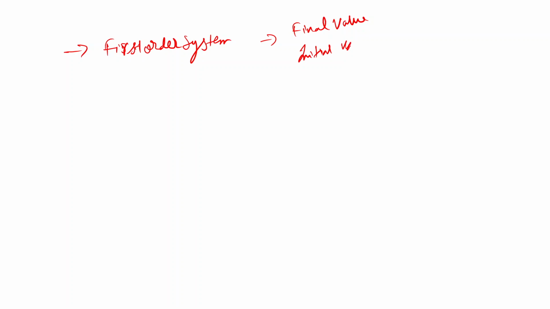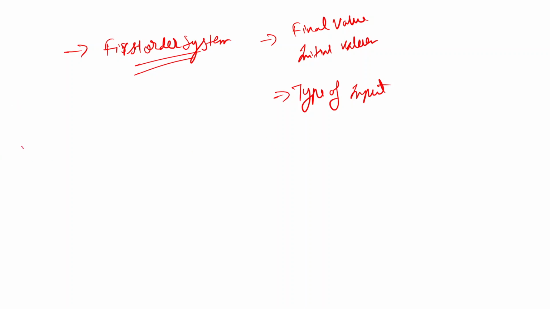So until now, we have covered the first order system, and we have also looked into the final value and initial value theorems. These theorems are applicable to any order systems. And then we have also looked into these types of inputs.